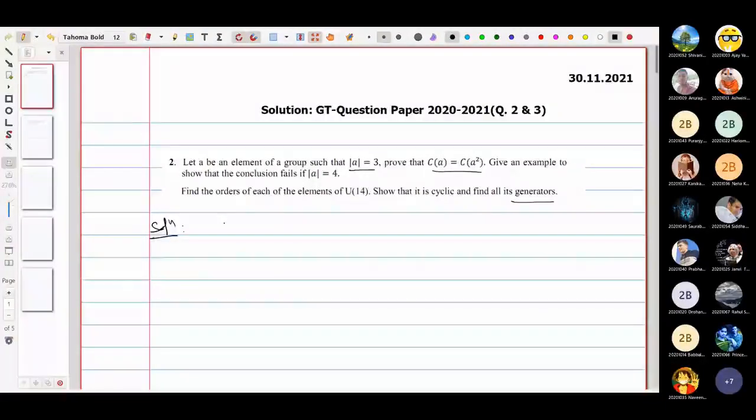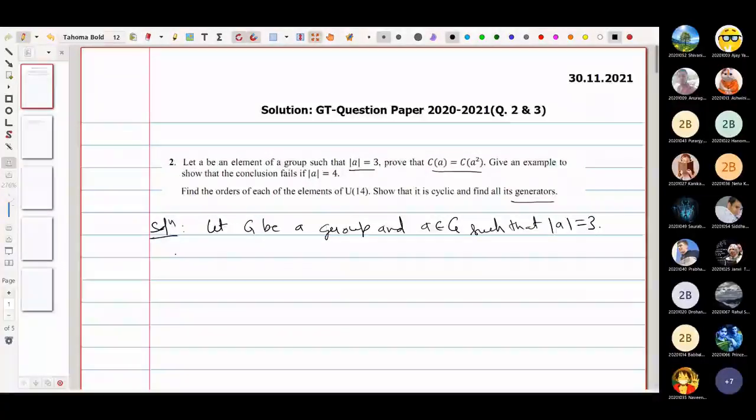So we have been given that there is some group and an element which belongs to that group having order 3. So let G be a group and A belongs to G such that order of A is equal to 3.